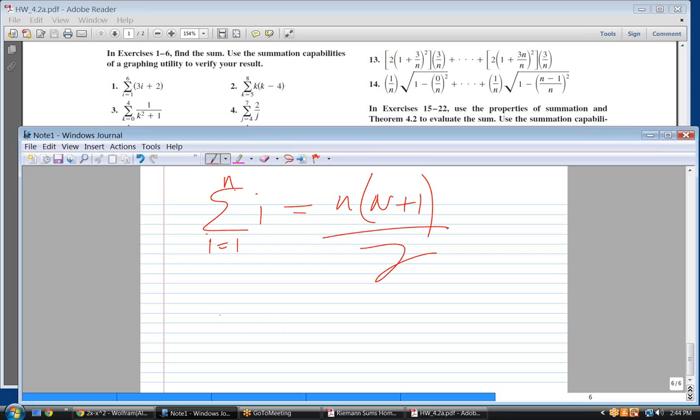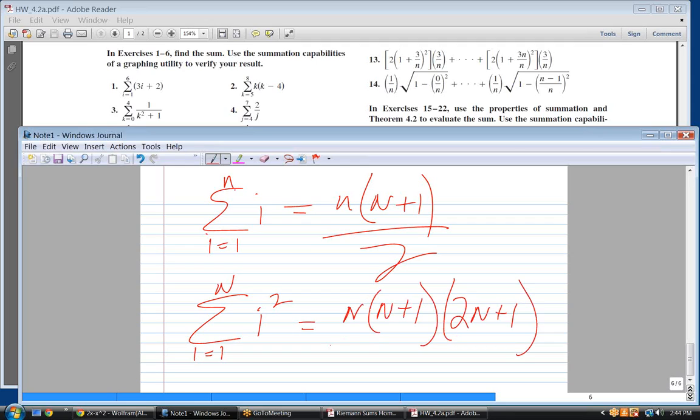Another very helpful one is the sum of i squared from 1 to n, and that ends up being n times n plus 1 times 2n plus 1 divided by 6.